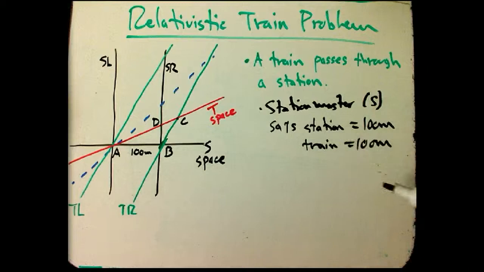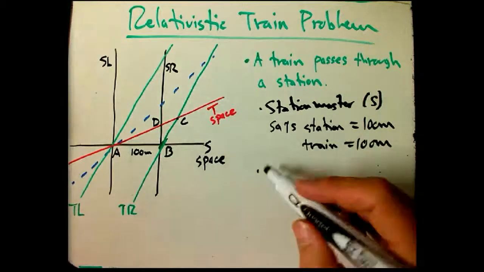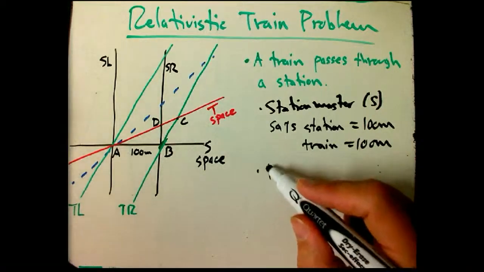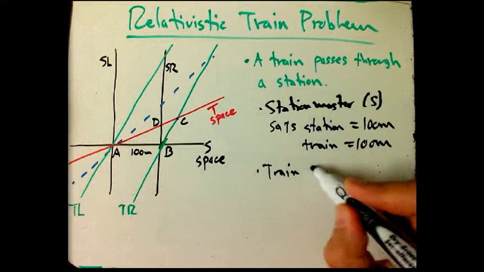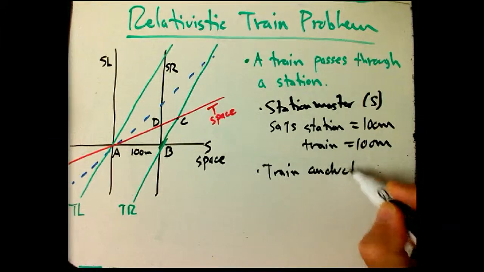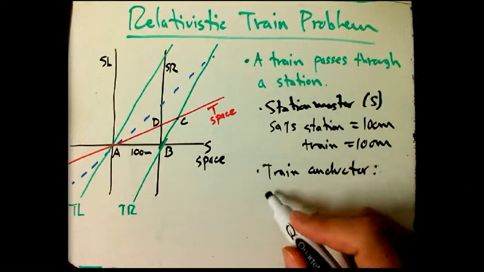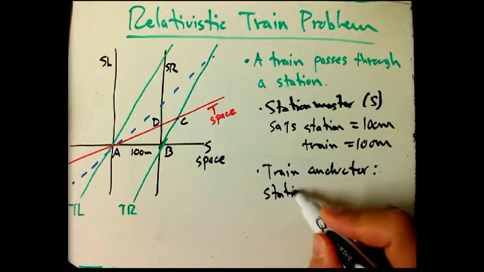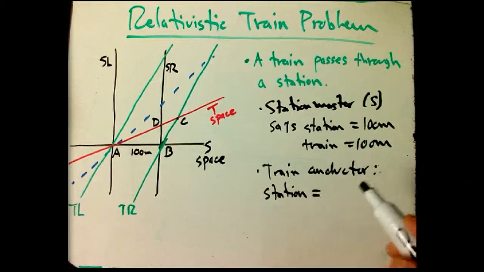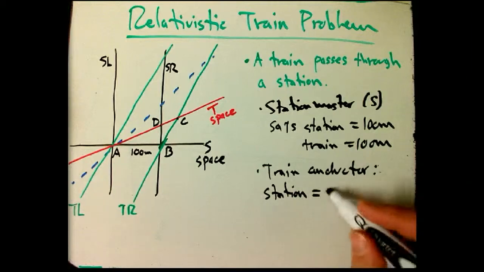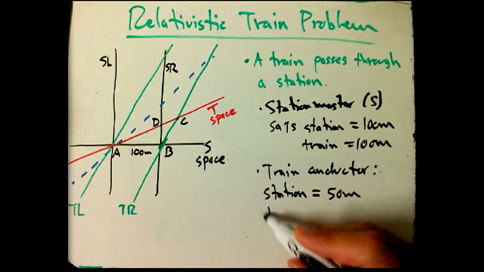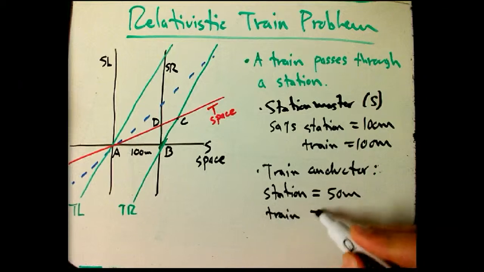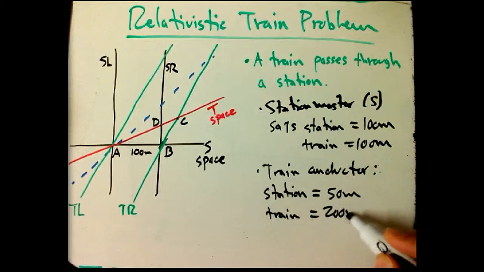They fit exactly into the station. But the claim is that the train conductor disagrees. He says the station is 50 meters and the train is 200 meters long, and so it's 4 times as long.